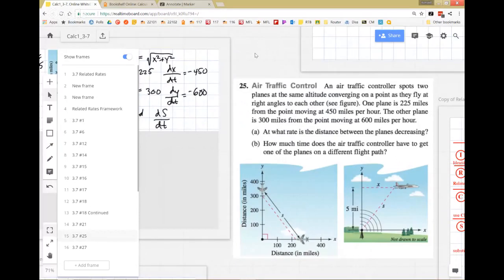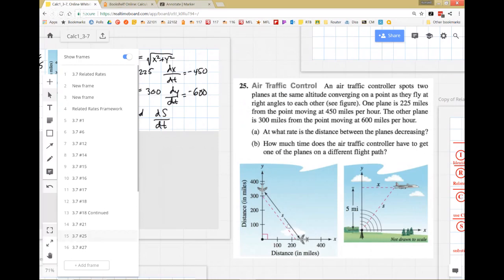An air traffic controller spots two planes at the same altitude converging on a point as they fly at right angles to one another. See the picture, the one on the left here. Not good if you're an air traffic controller. Two planes are headed for a collision. So we got all these facts.